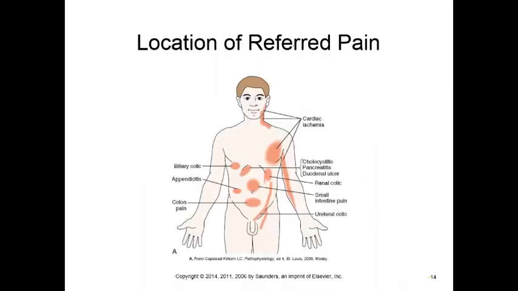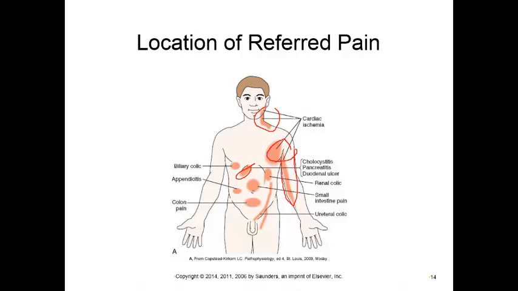And you can see a lot of the different locations of referred pain. You can see cardiac ischemias in the neck, the jaw, and under the arm. Okay. You see things like cholecystitis, which is dealing with the gallbladder. It's in this upper right quadrant.